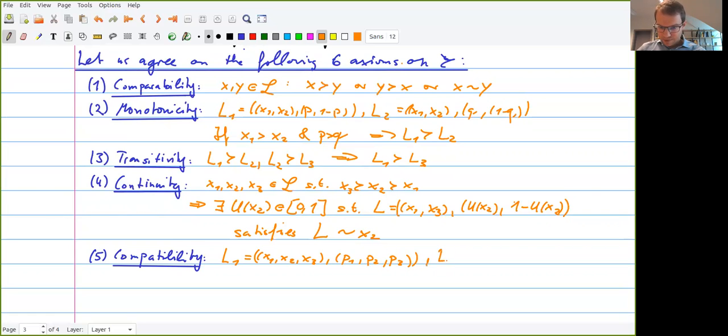And you have a second lottery which has only the payoffs x1 and x3, with associated probabilities q1 and q2.